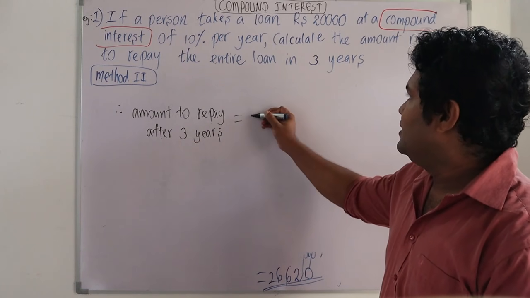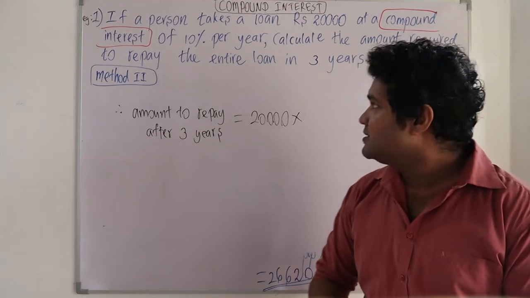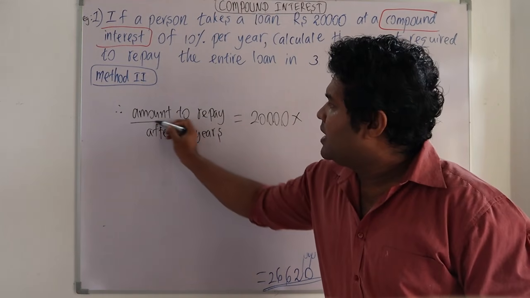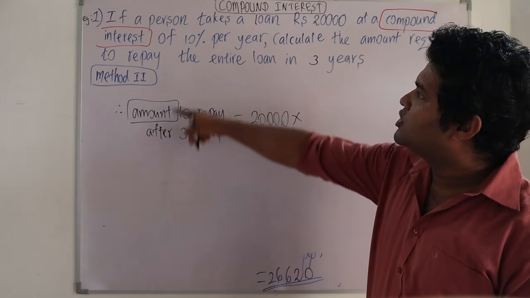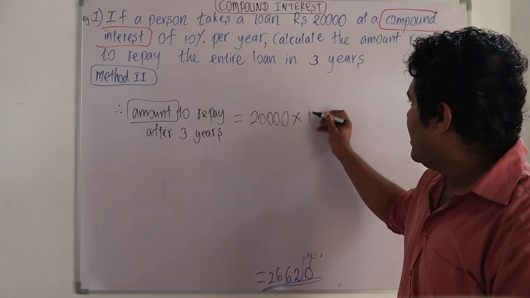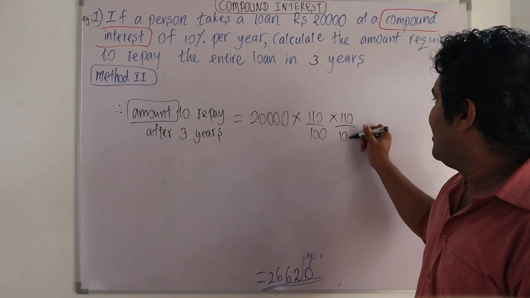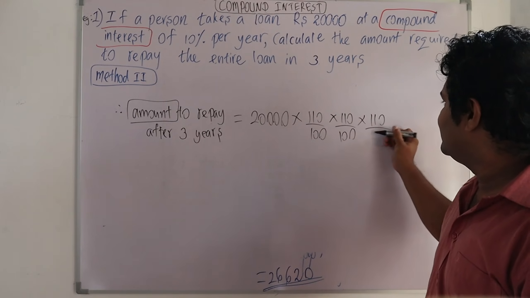Okay. Then by means of this 20,000, because of amount, which percent should I use? 10% or 110%? 110%. Then 110 over 100, 110 over 100, 110 over 100.